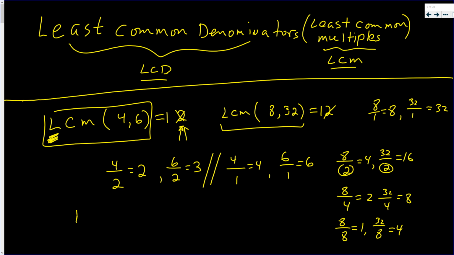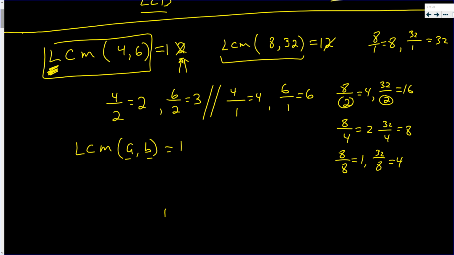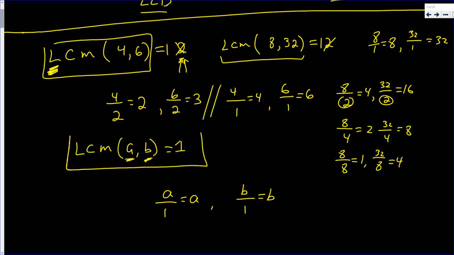It turns out, using this wrong method, the smallest number that goes into A and B is always 1. Why? Because 1 goes into A evenly, and 1 goes into B evenly. For any integers A and B, it's always 1. Now, this is why I'm telling you about this error.